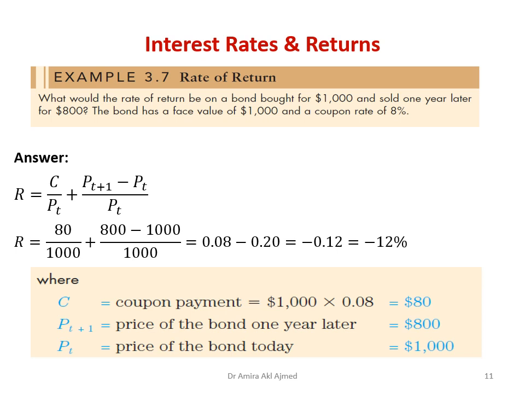Moreover, it has a face value of $1,000 and a coupon rate of 8%. By plugging these numbers into the equation used to calculate the rate of return, we find that the rate of return on this bond is negative. More precisely, it is negative 12% over the specified period.